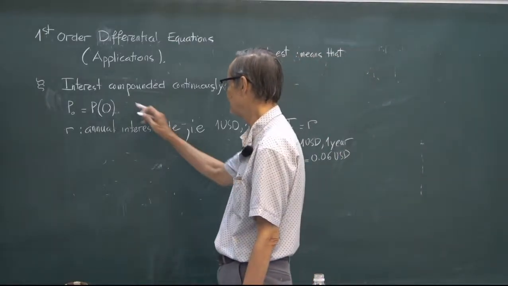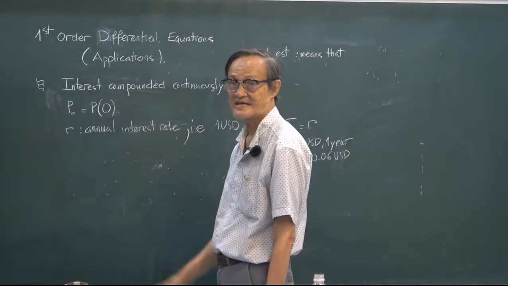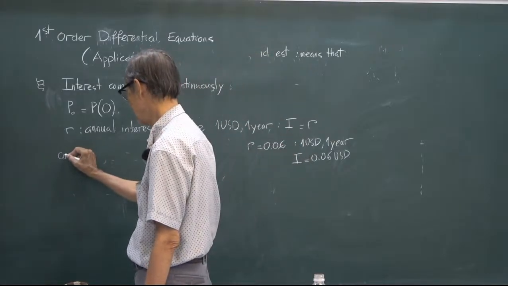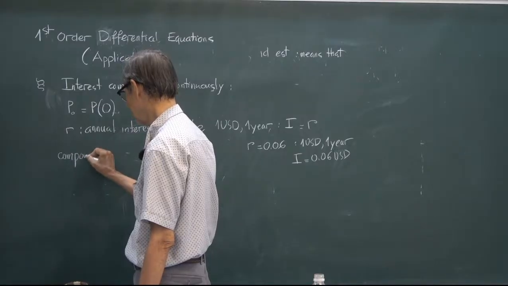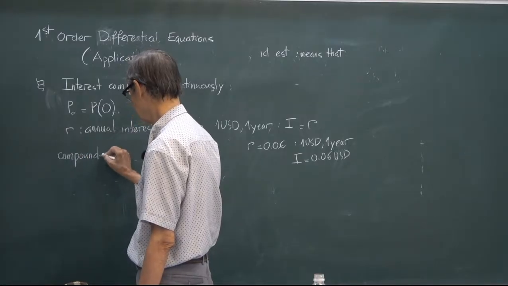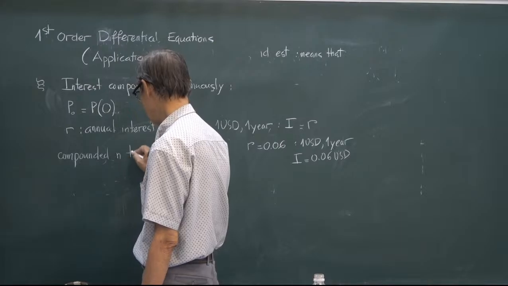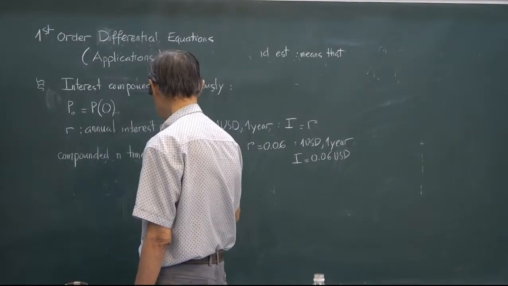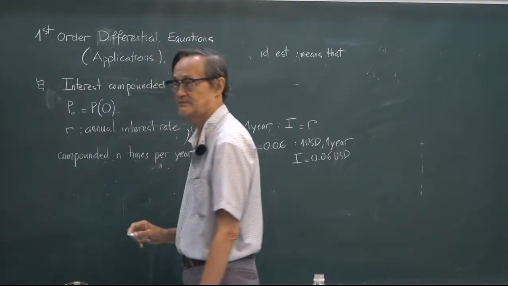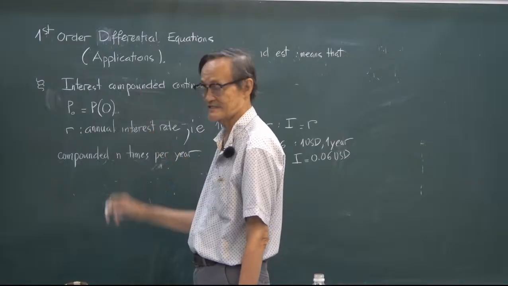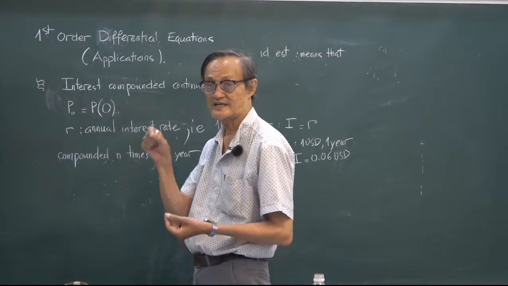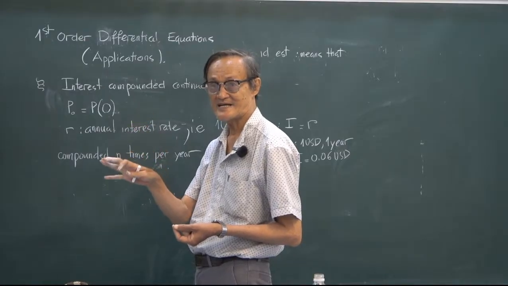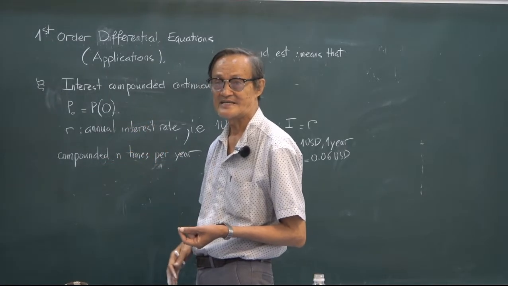But interest compounded n times per year. Compound interest means after each interest payment period, interest I is added into the principal.